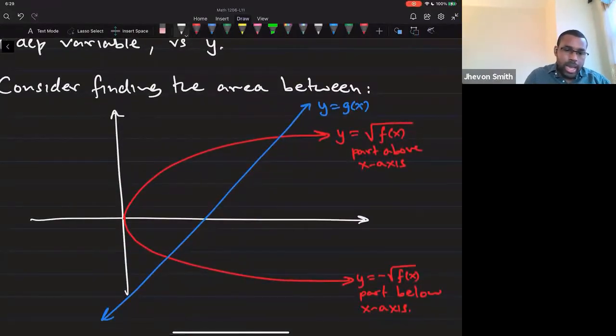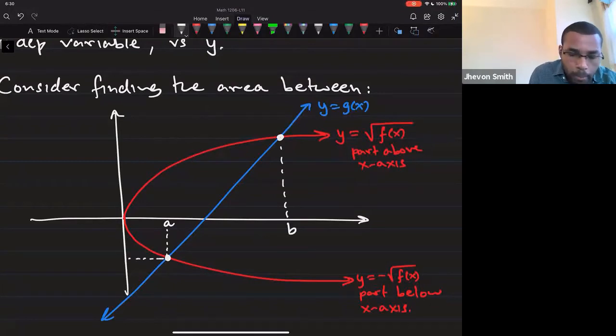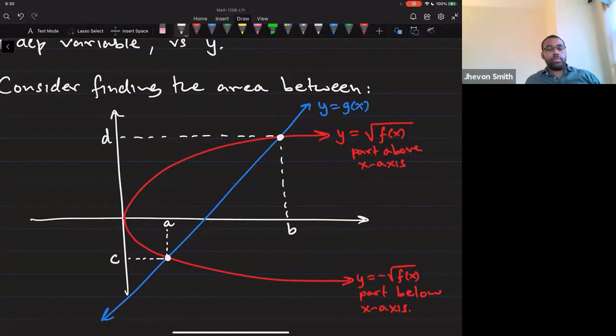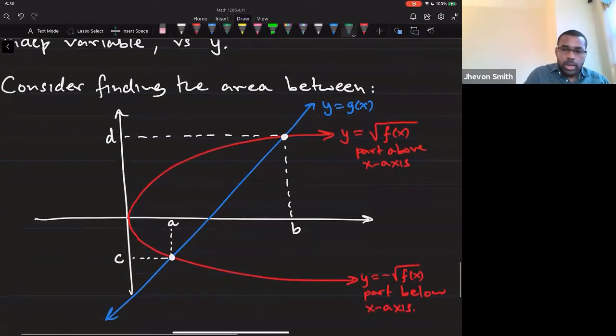And let's say we have an intersection here, and this is at A. We have an intersection here, and this is at B. And let's say we know the y intersections as well. Let's say this is C and this is D. And suppose we care about this area in here.